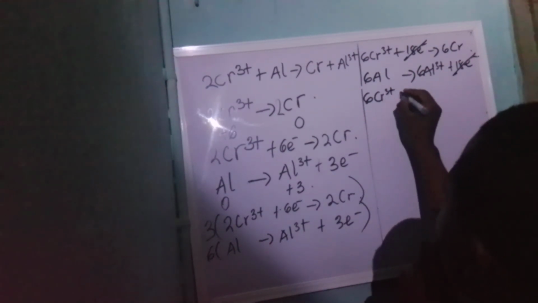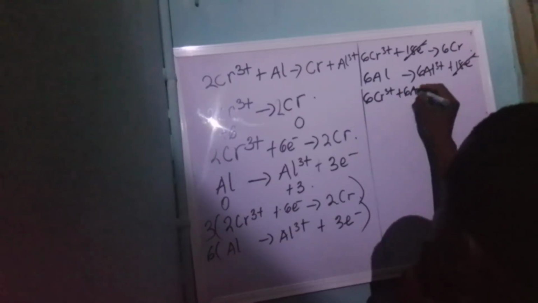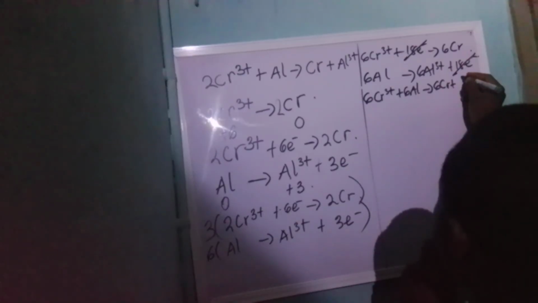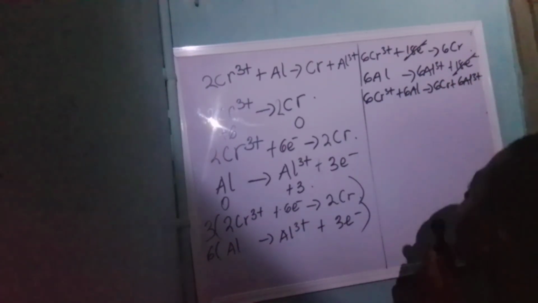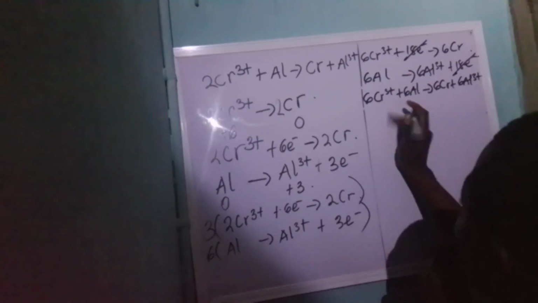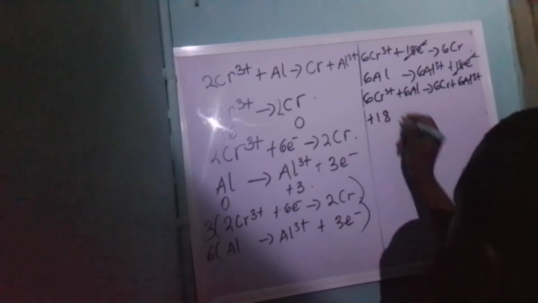That means I have 6Cr3+ plus 6Al to give 6Cr plus 6Al3+. Now let's check it, maybe it is balanced or not. 6 times 3 is plus 18.